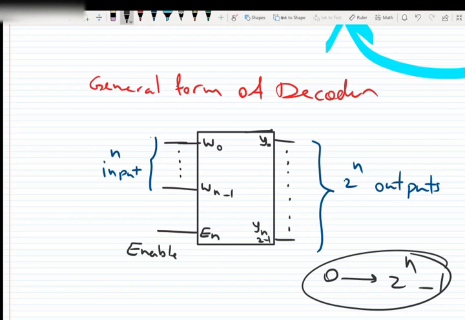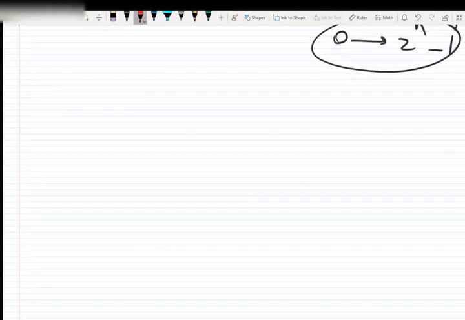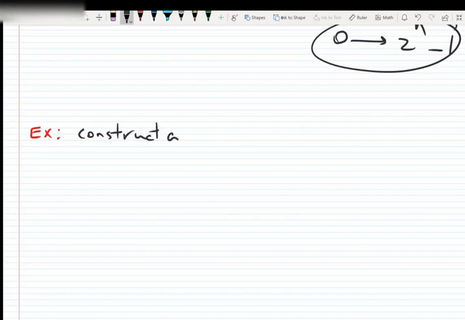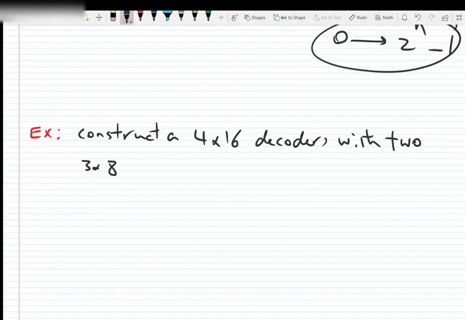And now we want to construct bigger decoders using smaller decoders. Let's see some examples. So here we have one example which wants to construct a 4x16 decoder with two 3x8 decoders.